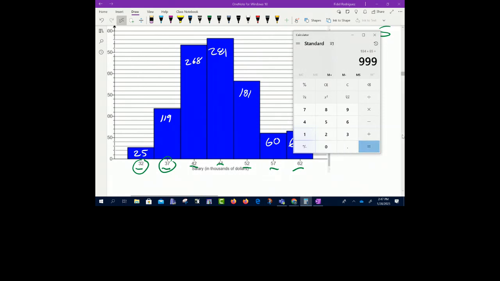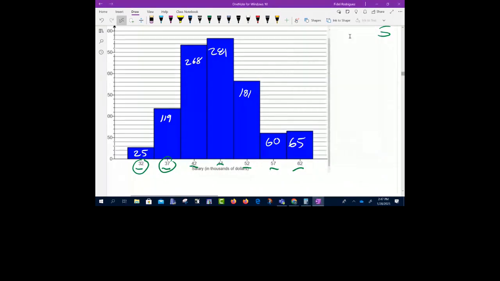So it looks like our total is just under 1,000, right? 999. If we wanted to say 1,000, that's okay too, because again, we were estimating here. We were guessing at these numbers.